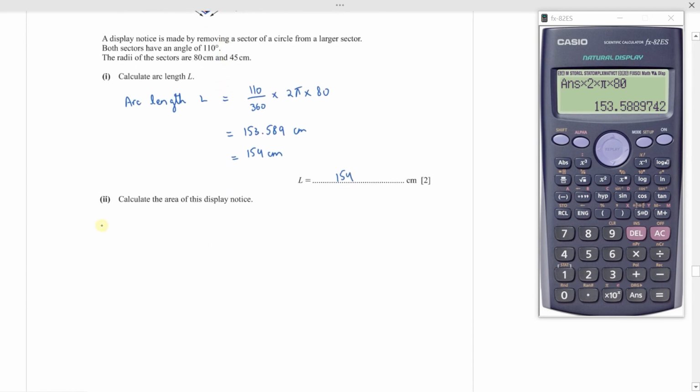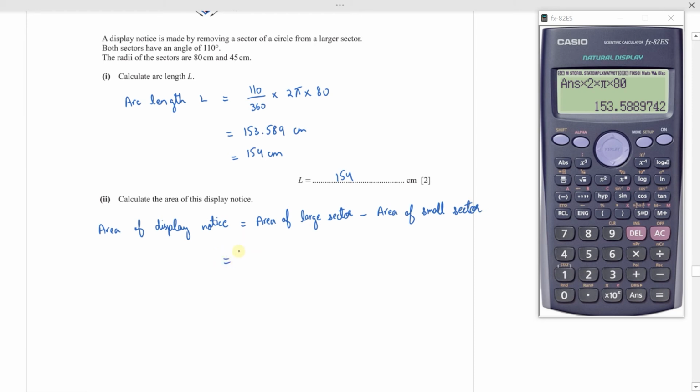So area of display notice will equal area of large sector minus area of small sector.